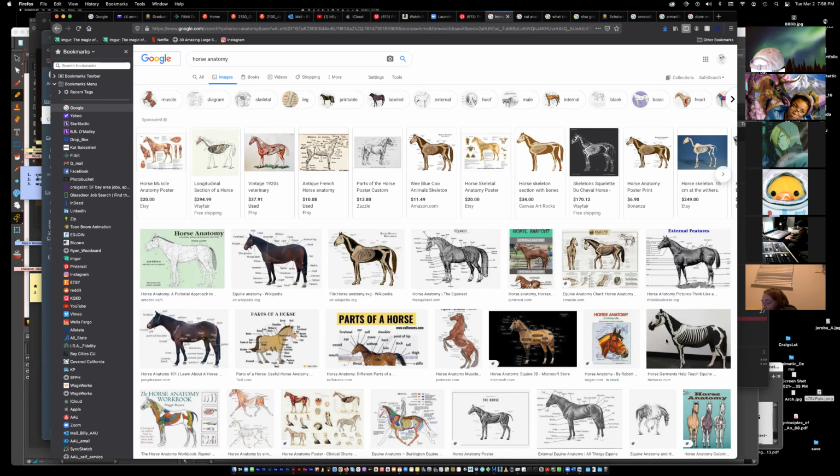I'm trying to remember, something that an artist had done a while ago where they actually took a horse and they painted the bones on the side of the horse. And this kind of actually looks like that one.